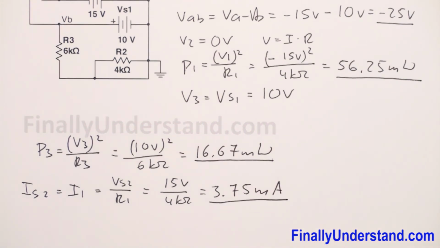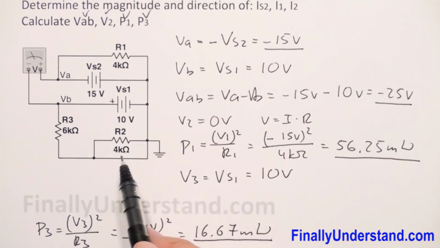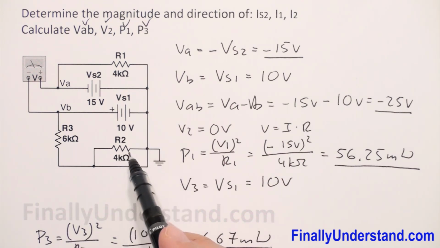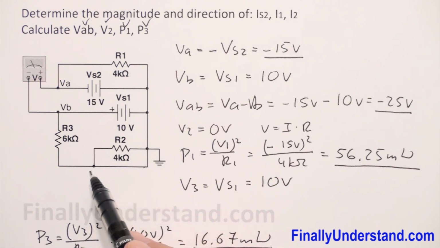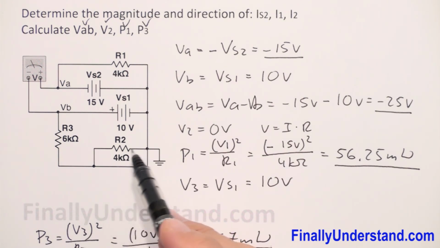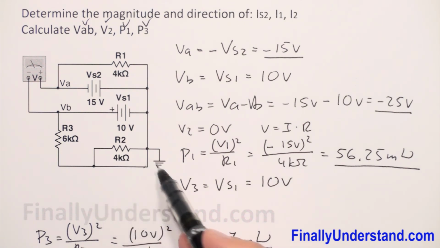Okay, and if I want to find I2, we said that the current is going to ignore this resistance. It is going to go around, because if we give the current the option to go through the resistance or go without the resistance, it's always going to choose the option without the resistance.